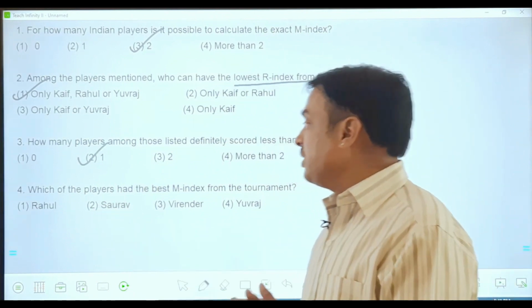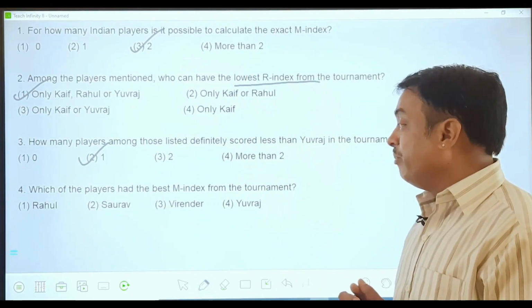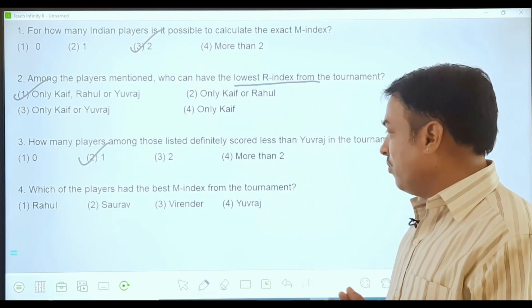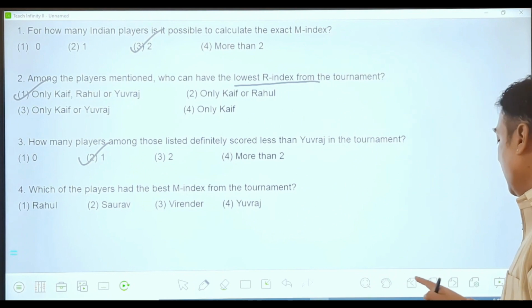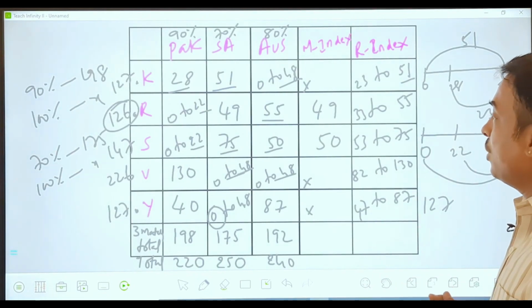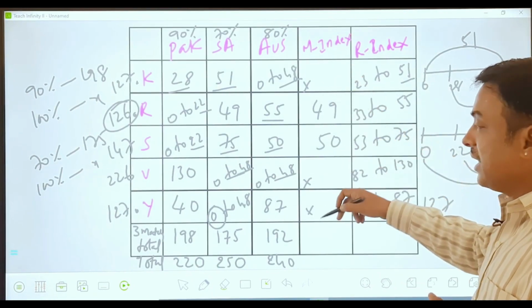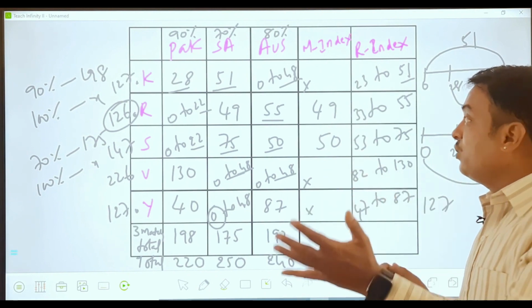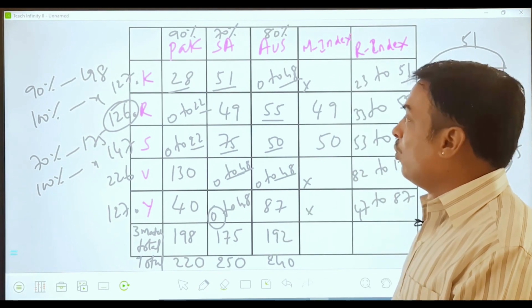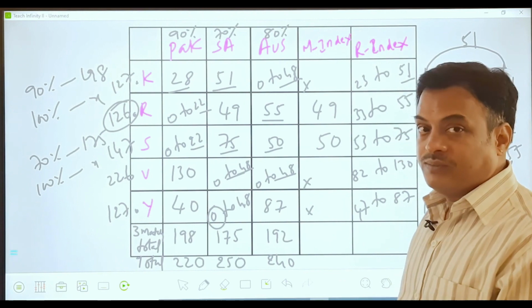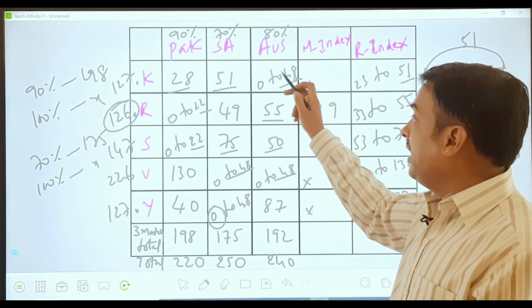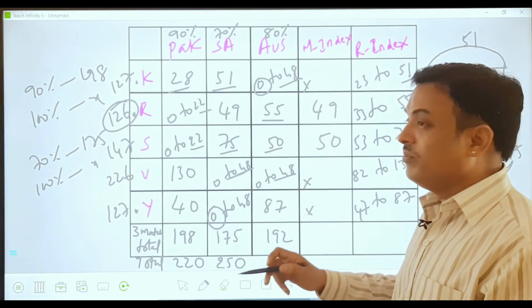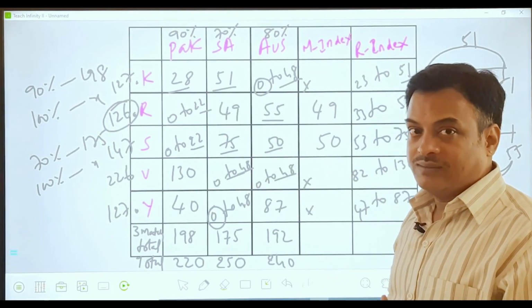Next, which of the following players had the best M index from the tournament? Who has got the best M index in the tournament? The other three people I cannot find out exactly, but let's see the best index possible. Suppose I take a 0 here, then the middle value will be 28.